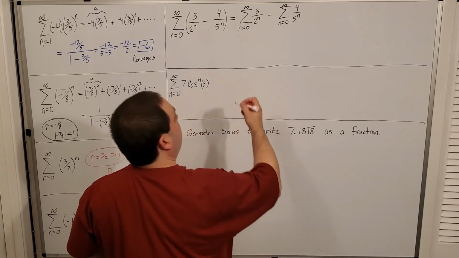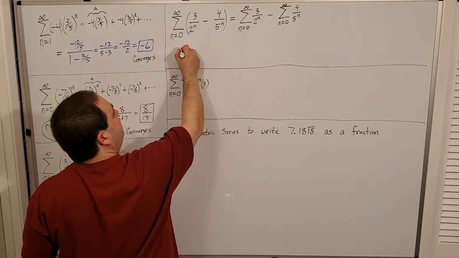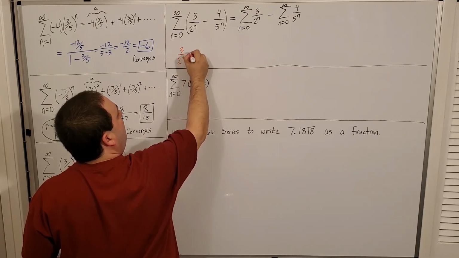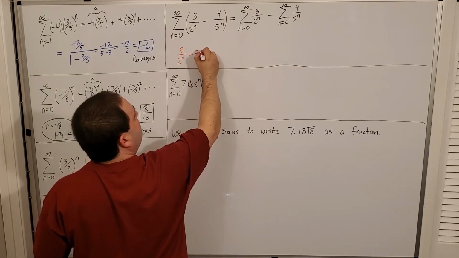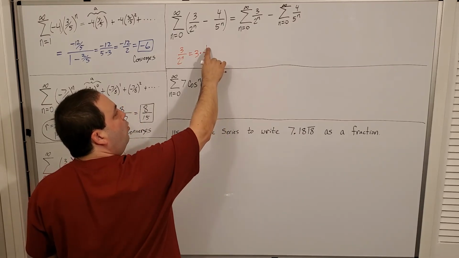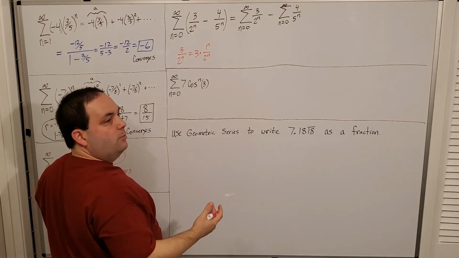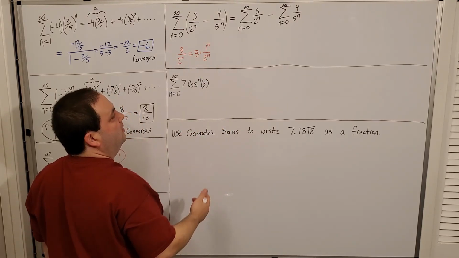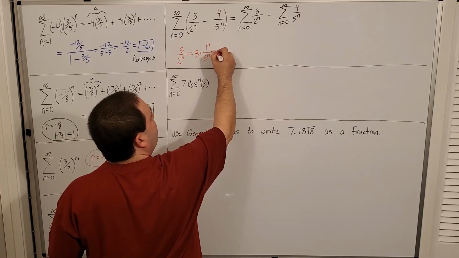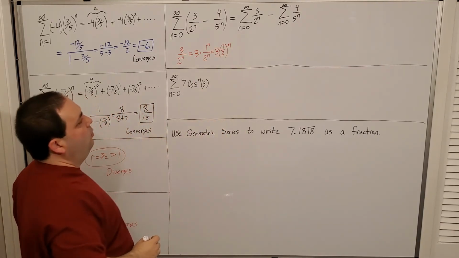So look, this is what I'm going to do here. The 3 over 2 to the n, for example, I'm going to rewrite as 3 times 1 over 2 to the n. But 1 is the same thing as 1 to the n, because 1 to any power is still 1. That allows me to rewrite this as 3 times 1/2 to the n power.